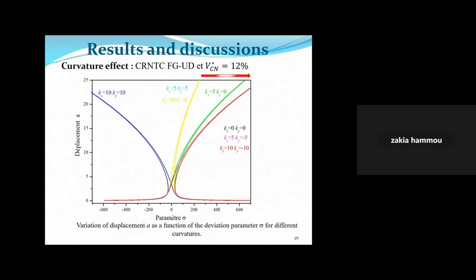Increasing the number of modes from 1 to 2 increases the bending of the curve to the right, indicating an increased stiffening. And for the curvature kx, ky equal to 10, a more stiffening behavior is observed from the beginning of the curve to the left.